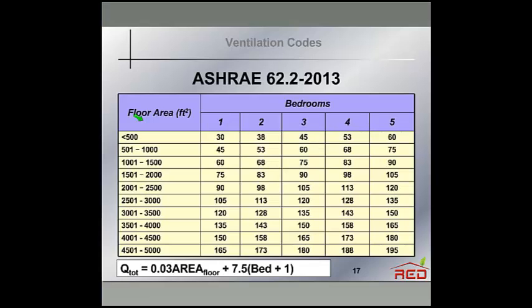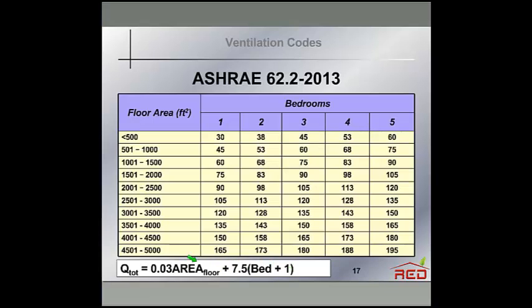This is a table that's in the standard, and I suggest that you not use this table because you'll end up with larger values, but it's sectioned by floor area and the number of bedrooms. Here is the basic equation for Q total. This is our starting point. Q, the amount of whole building ventilation, is equal to 3% of the floor area, or 0.03 times the floor area, plus 7.5 CFM times the number of bedrooms plus 1.